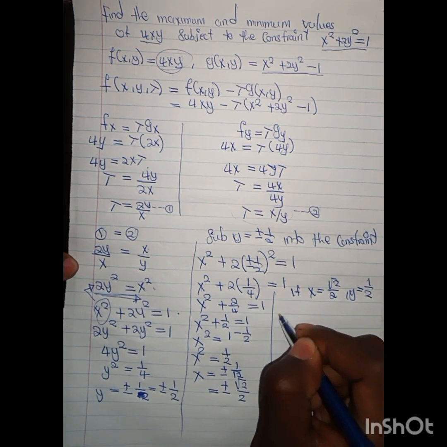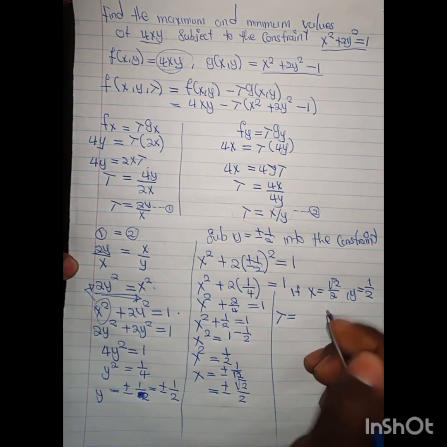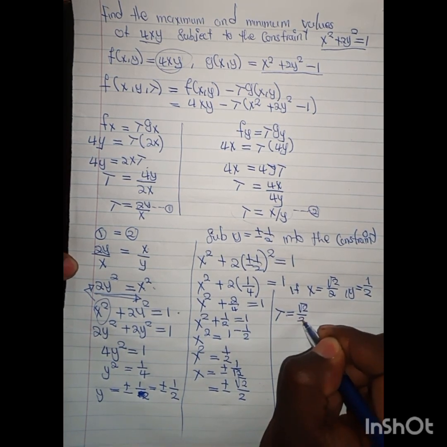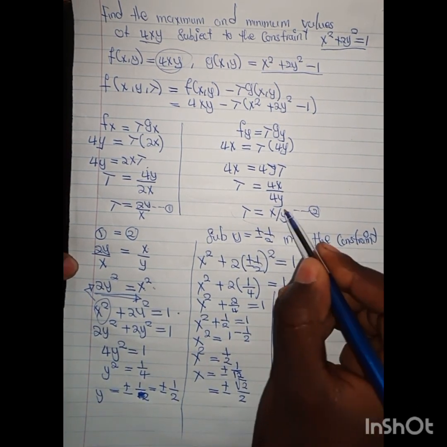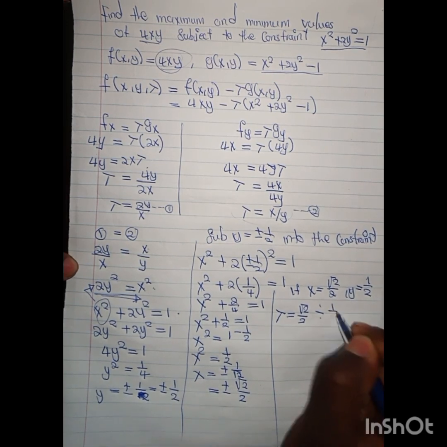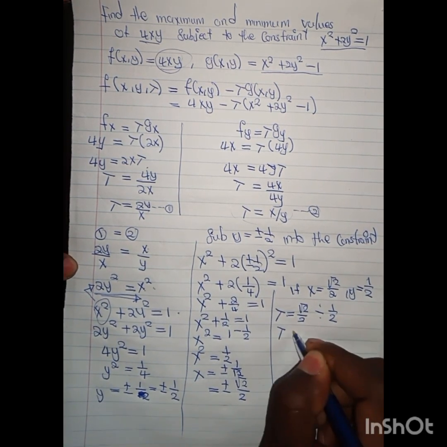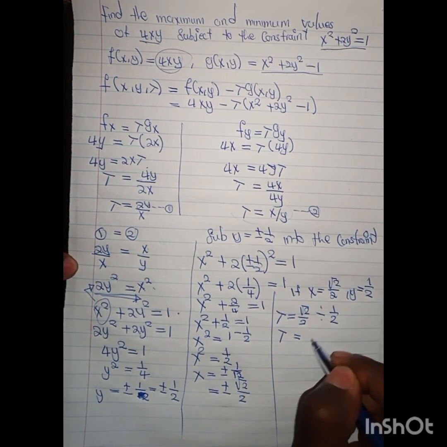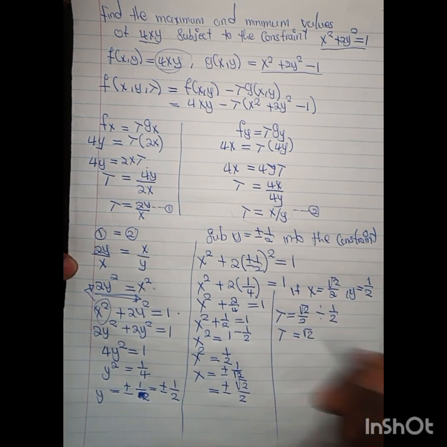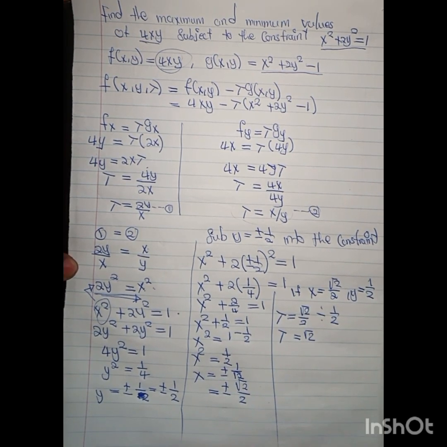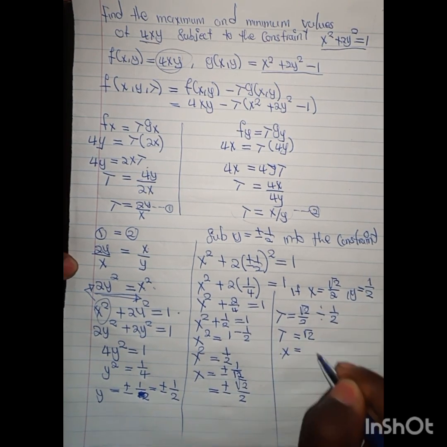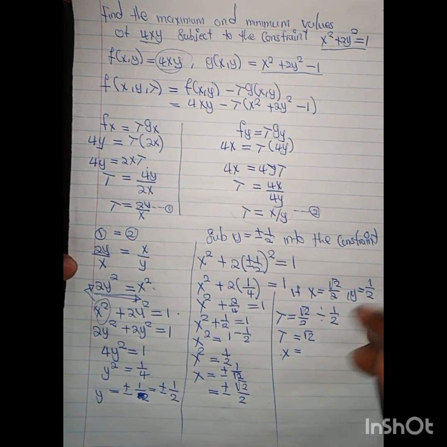So we use equation 2. Lambda will be equal to x, so this is x, root 2 over 2, divided by y. y is half. So we can clearly see that lambda is nothing but root 2, which is positive. How about now when x is positive and y is negative over the same point?